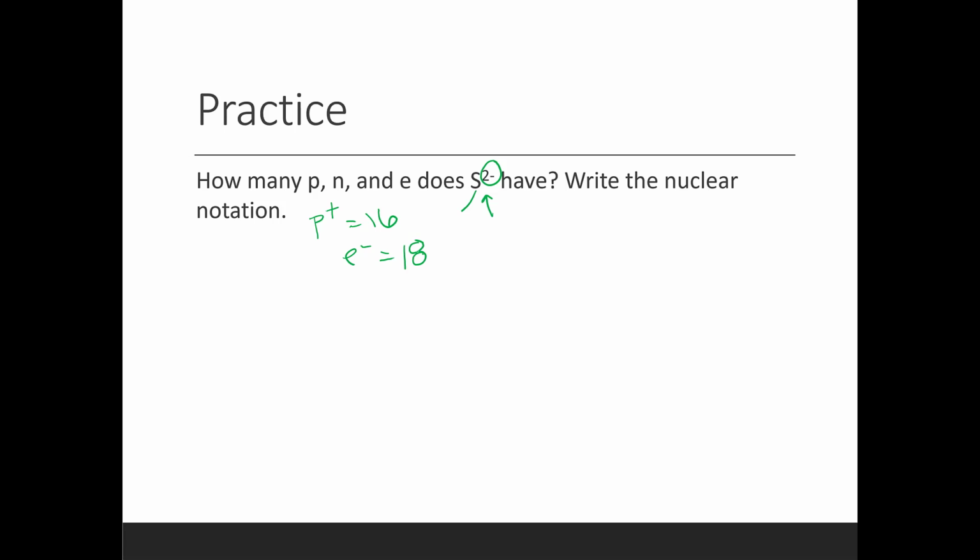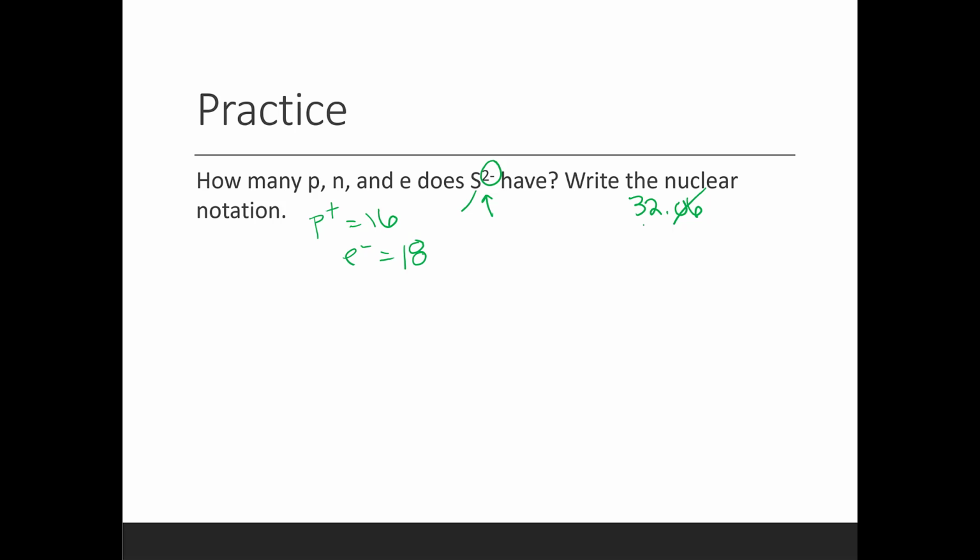Now about the neutrons and the nuclear notation and finding mass number. If I don't give you a mass number, what I want you to do is on the periodic table, just round the atomic mass that's listed to whatever the whole number is. So the mass on the periodic table of sulfur is 32.06. So just round that to 32. That's probably the most abundant isotope.